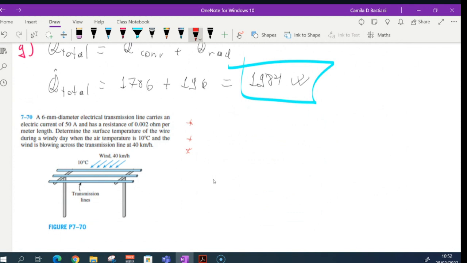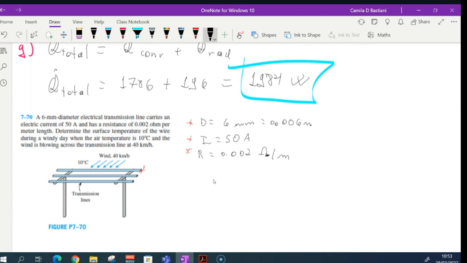A 6 millimeter diameter, so here is my diameter, transmission line carries an electric current of 50 amperes. We did something similar in the lab as well. And has resistance 0.002 ohm, although we didn't work with resistance in the labs, per meter of length.